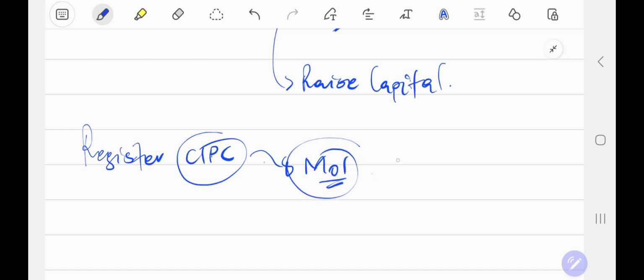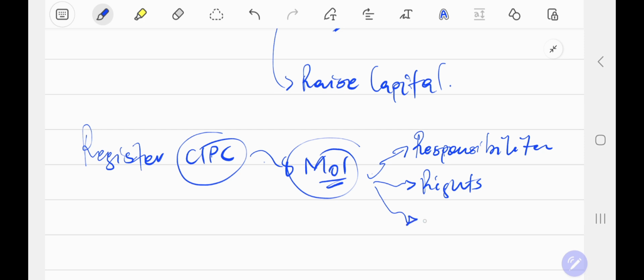The memorandum of incorporation is a founding document, or constitution, of the company that details things such as the responsibilities, the rights, the duties of the company, etc.